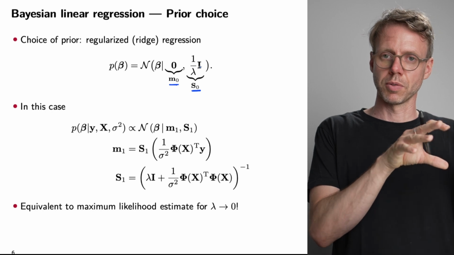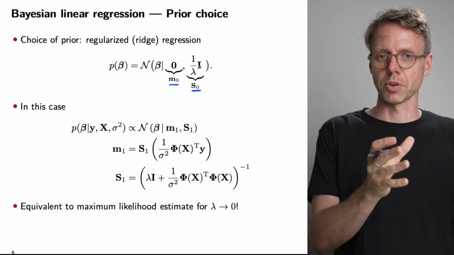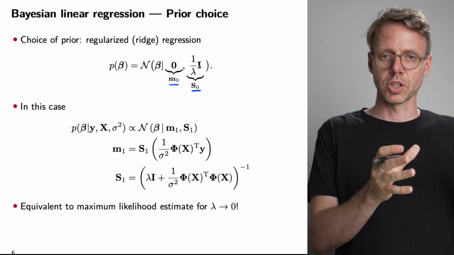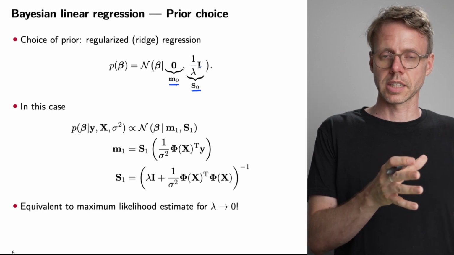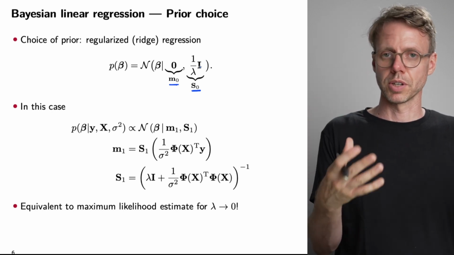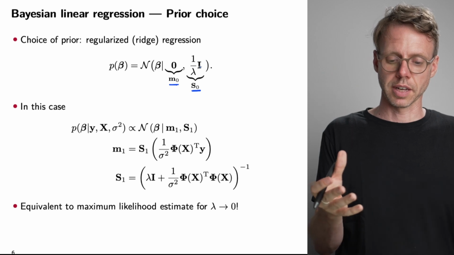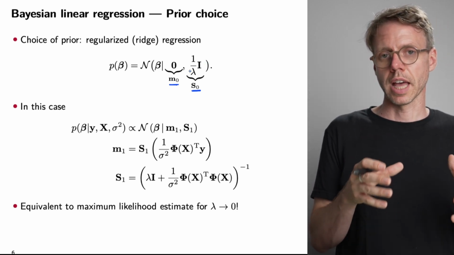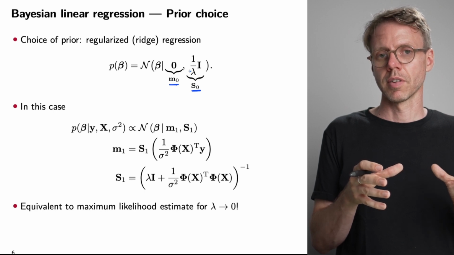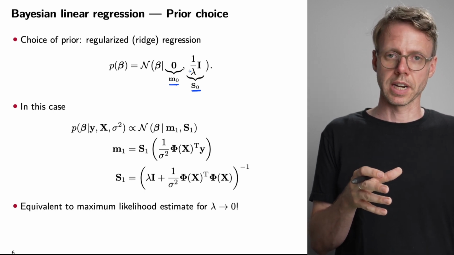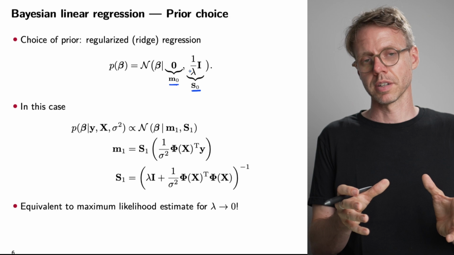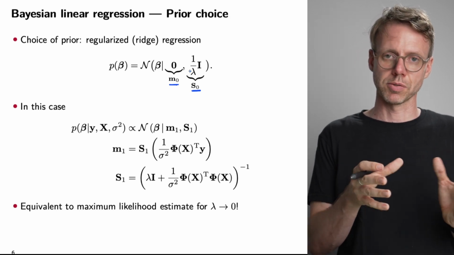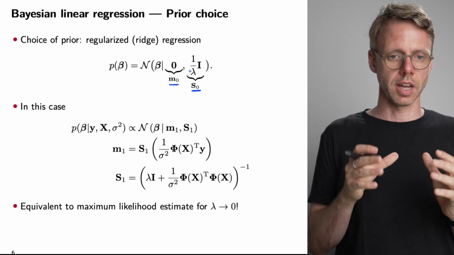All the regression weights are a priori assumed to be just as likely negative as positive, because we don't know much about their values, and they all should have the same variance of 1 divided by lambda, and they're independent of each other, so they have 0 covariances with each other a priori.